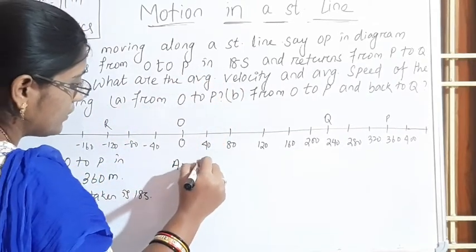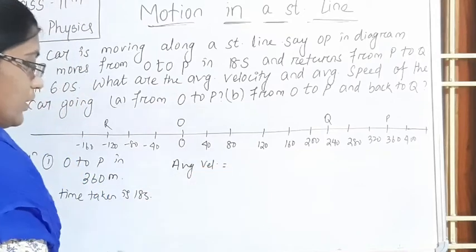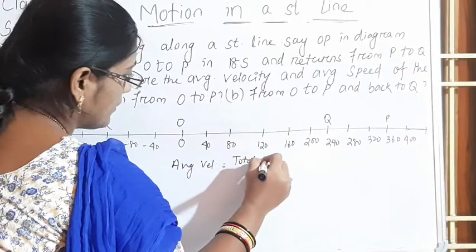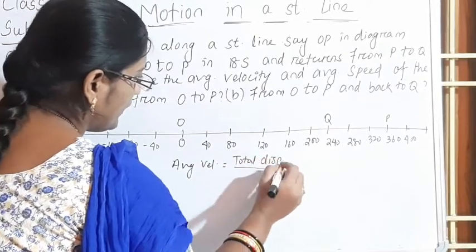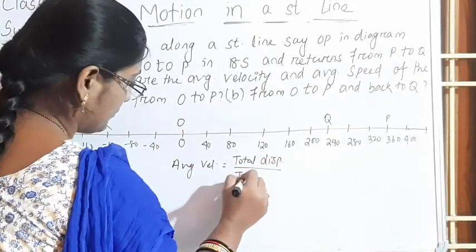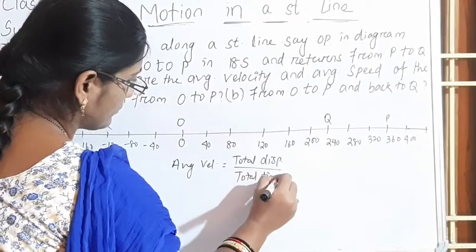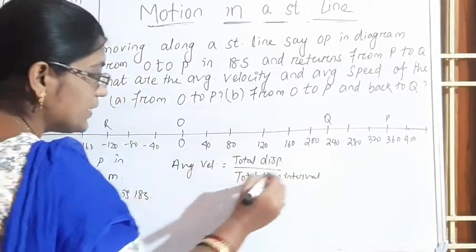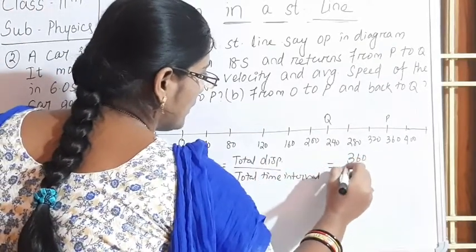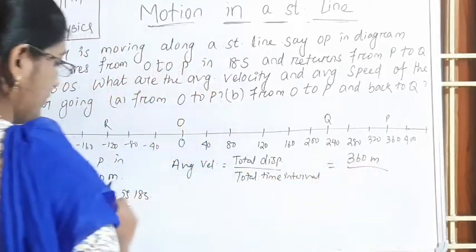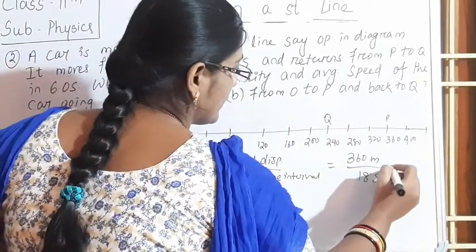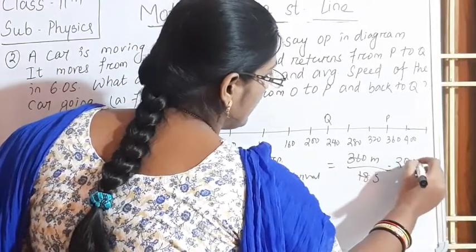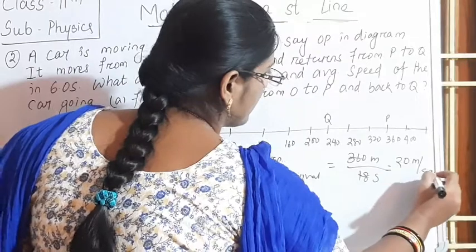Average velocity is equal to total displacement by total time interval. Here total displacement is 360 meter by total time interval is 18 seconds. So the answer is 20 meter per second. Clear?